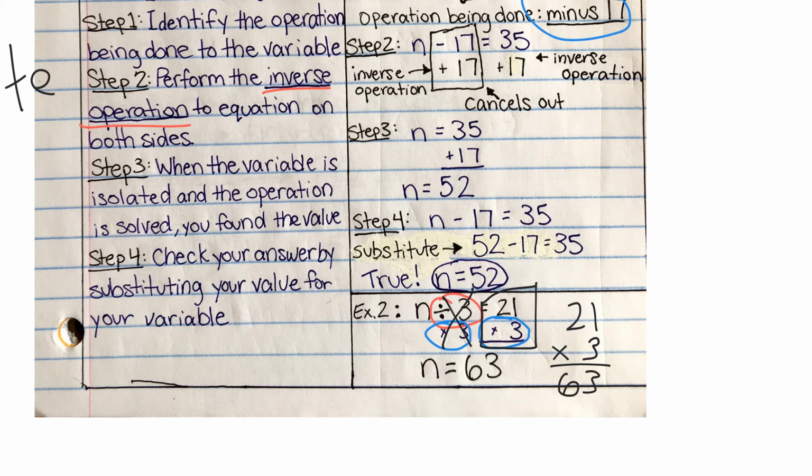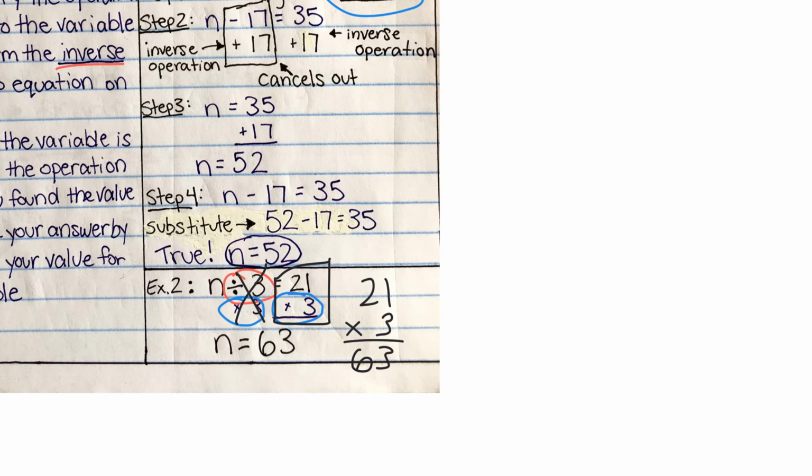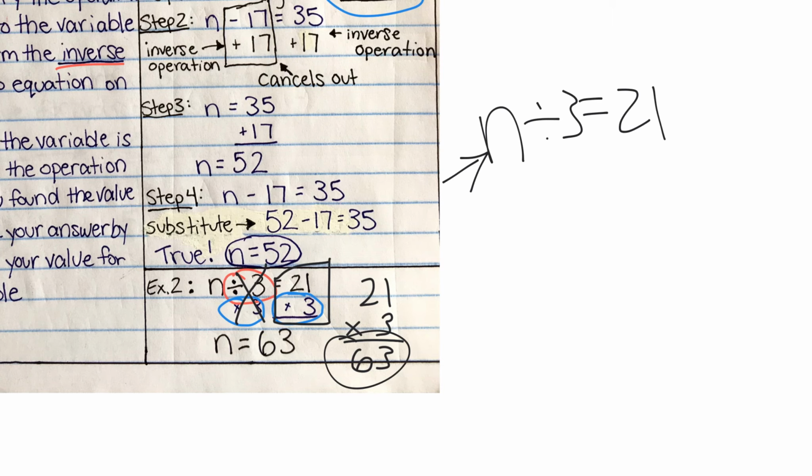N equals 63. Now, if we want to perform step 4, which we must always do, we're going to rewrite this problem. N divided by 3 equals 21. But instead of n here, what did we discover? The answer is 63. So let's rewrite this. 63 divided by 3 equals 21. Now, is that true?